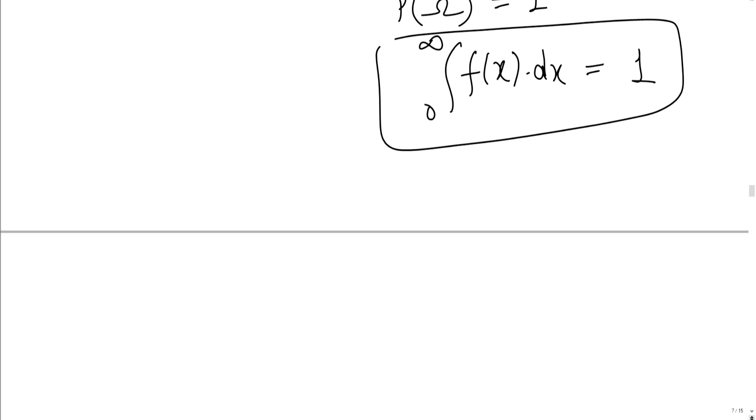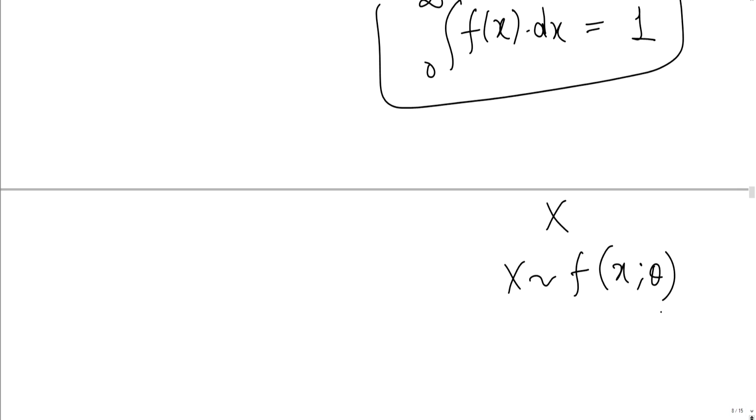Okay. So, for any continuous random variable x, you will define a probability density function, let us say f of x given theta, where f of x theta is your probability density function.